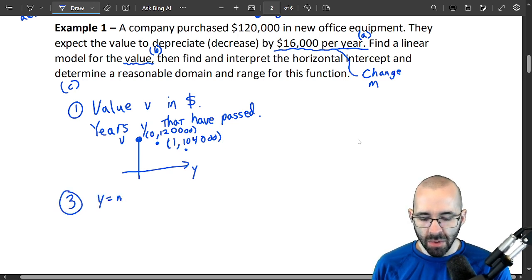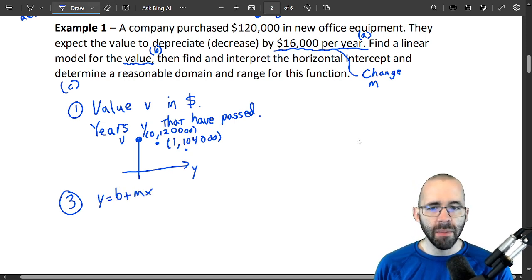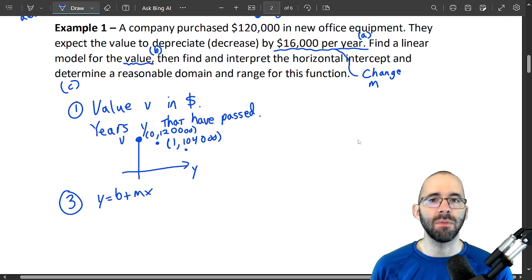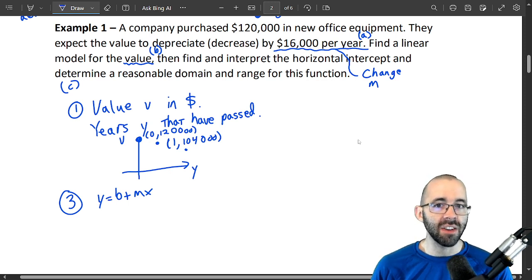So I'm going to start by writing y equals b plus mx. But I'm going to rewrite this. This is what a linear equation normally looks like. But what's our output? It's not y anymore, right? Y is the years that have passed. Y is actually our input here. Our output is the value. The output's what we care about usually.